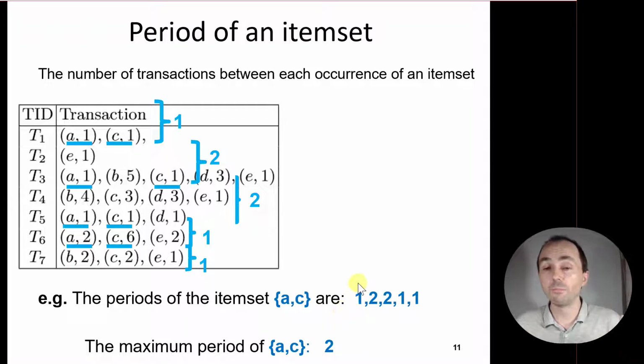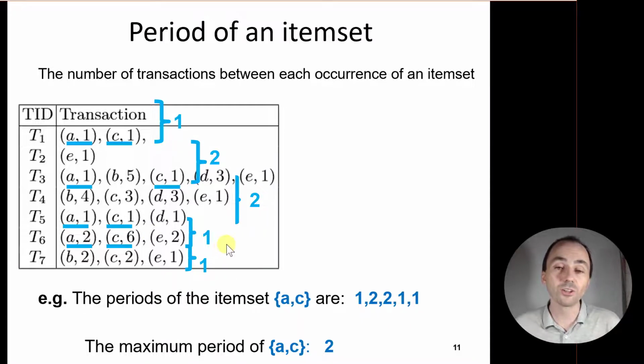If you set the maximum periodicity parameter to 1, then this is not a periodic pattern because sometimes the period is more than 1. How to interpret this? It means that every 1 or 2 transactions in the database, we always have AC repeat.